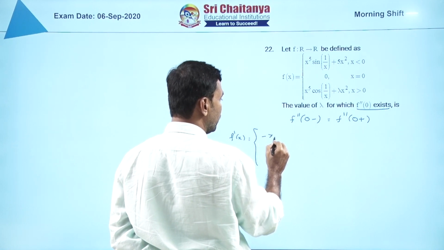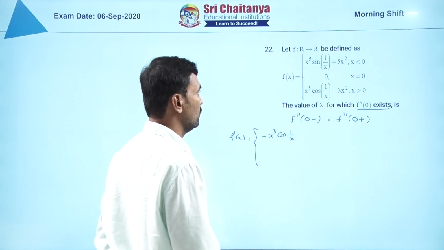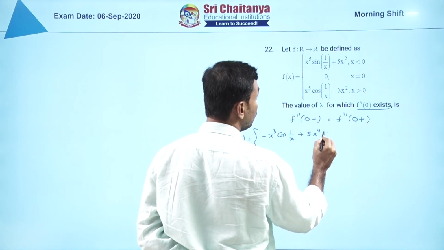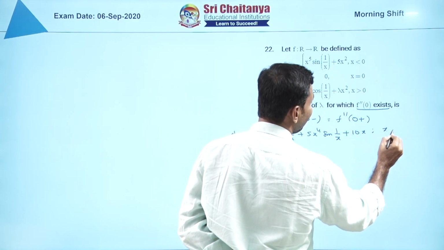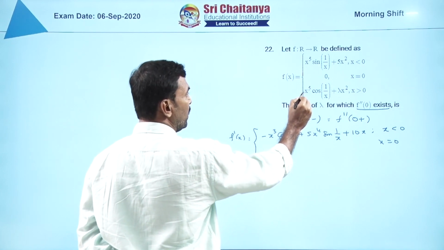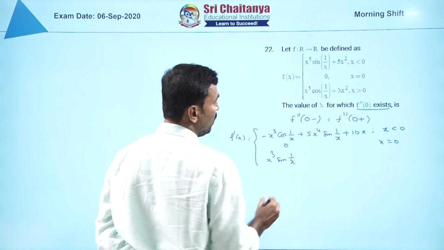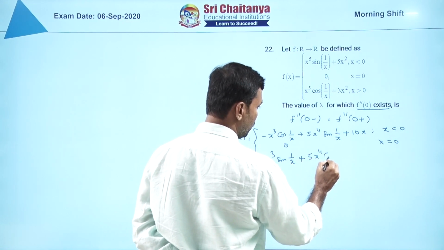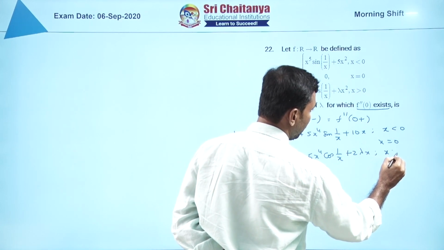So, minus x cube cos of 1 by x, plus the second function sin of 1 by x into this, that is 5 x power 4 into sin of 1 by x, plus 10 x when x less than 0, and 0 when x equal to 0, and the derivative of this is x cube sin of 1 by x plus 5 x power 4 cos of 1 by x plus 2 lambda x when x greater than 0.